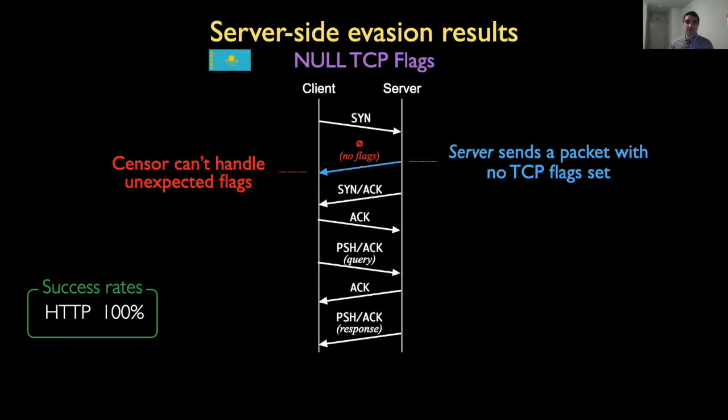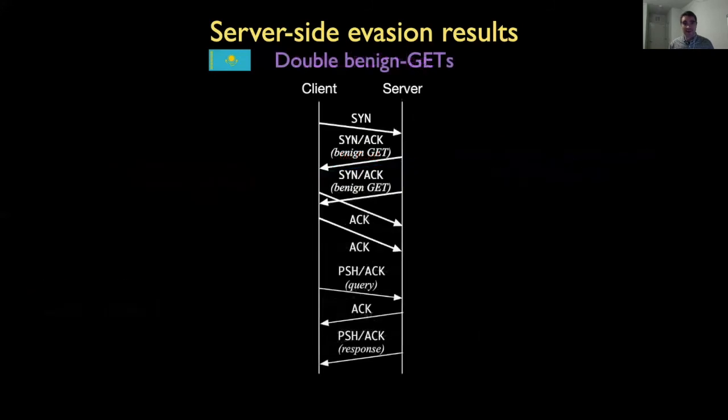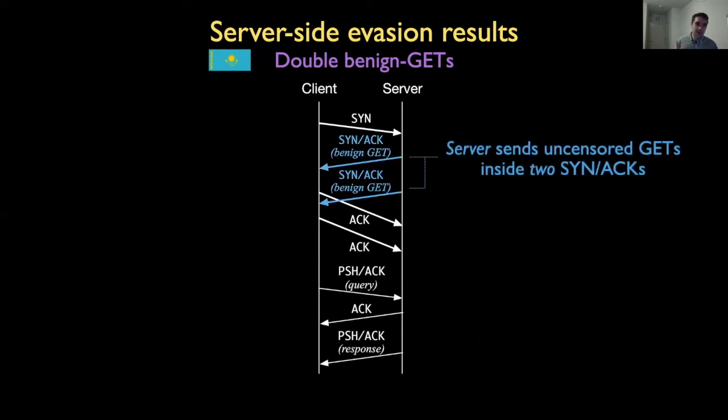So another example I'll show you, again in Kazakhstan, and we call this strategy the double benign GET. So here too, the server changes up the handshake a little bit. Instead of just sending one SYNACK packet, we actually send 2. And within each SYNACK packet, we attach a payload. And within that payload, we put an innocuous HTTP GET request.